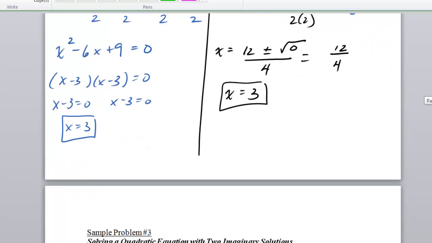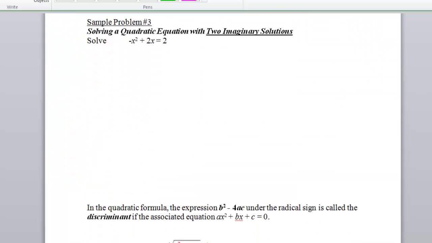All right, and lastly, we'll do sample problem number 3. We'll start by moving it to standard form. Now in this particular case we have a leading coefficient that's a negative 1, and you can keep it that way. Standard form should actually be in a positive leading coefficient, but it shouldn't affect your numbers as you go through this.